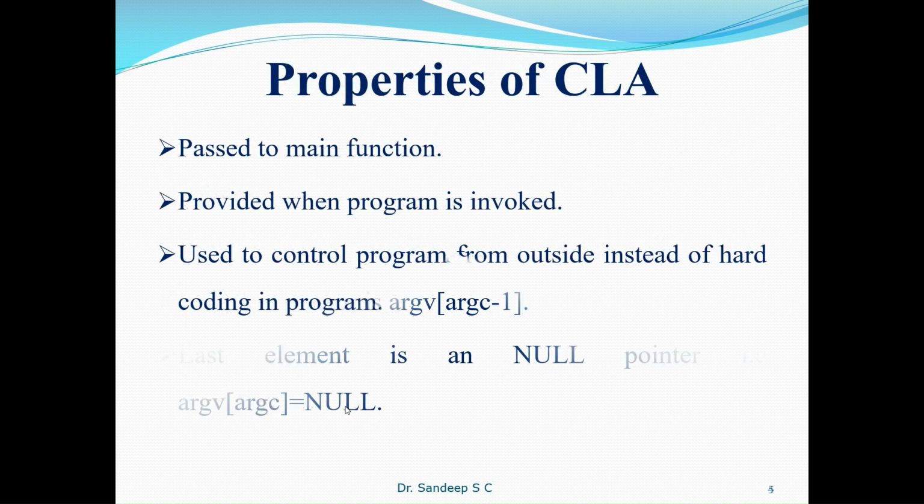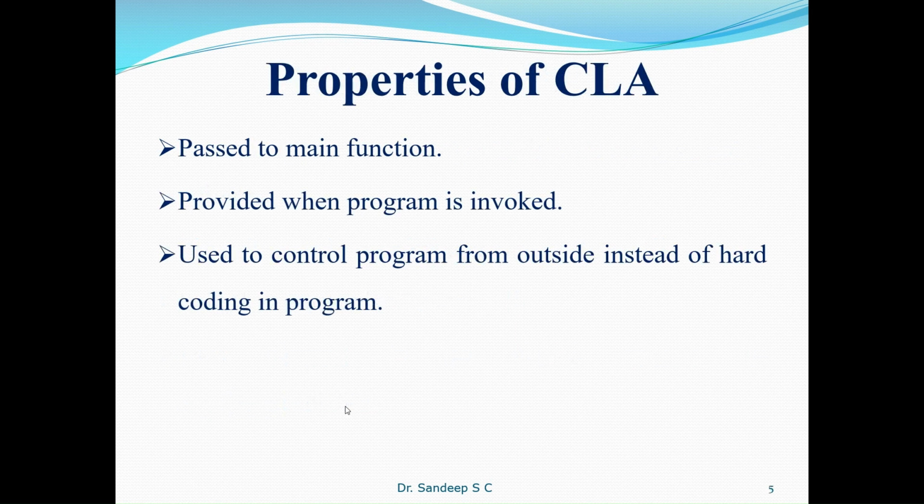Okay, then the properties of command line arguments. First, they are passed to the main function when the program is invoked, that is, when we want to execute the program, along with that we are passing the arguments to the program. This property is used to control the program from outside instead of hard coding it.